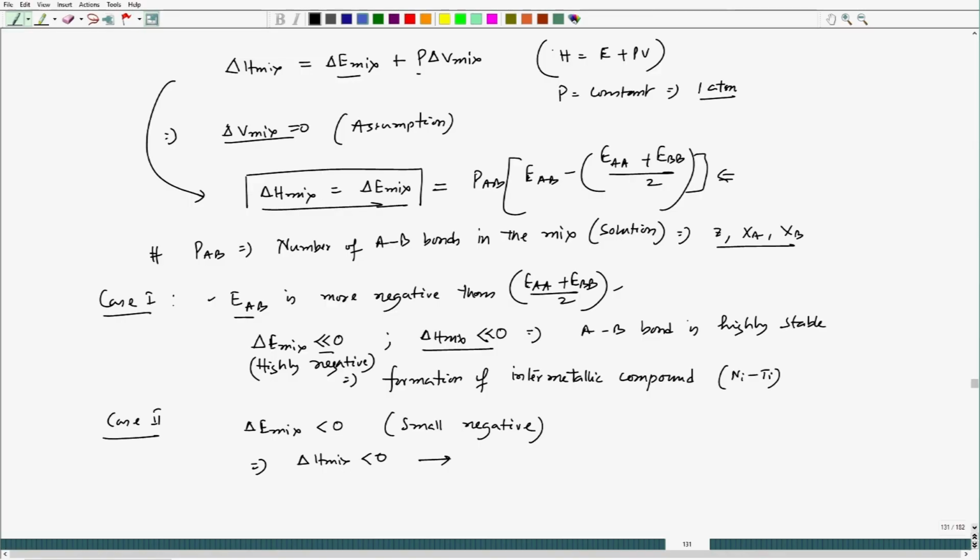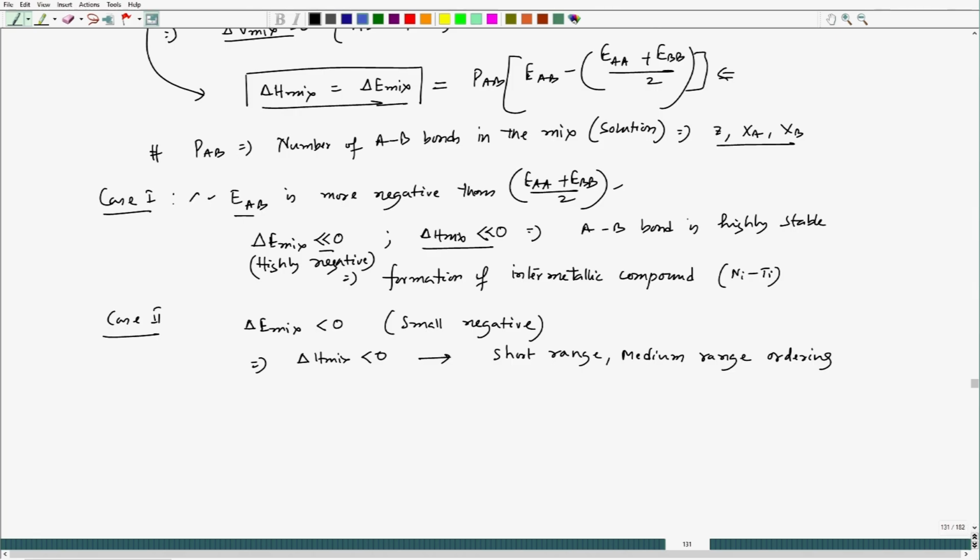And in fact, that order could not extend for a long periodic order, rather it can exist over a short distance. So, we can have short range or medium range ordering. Okay. Now, case 3.